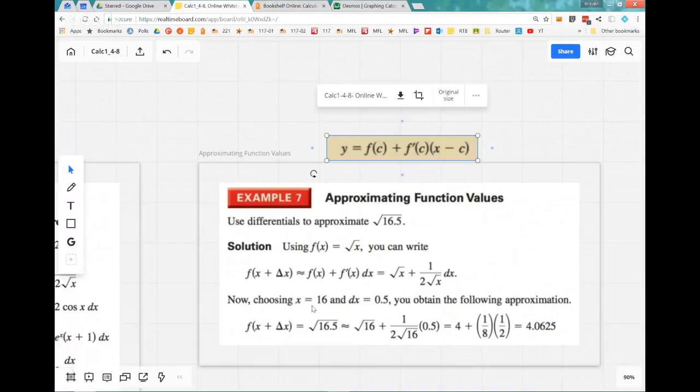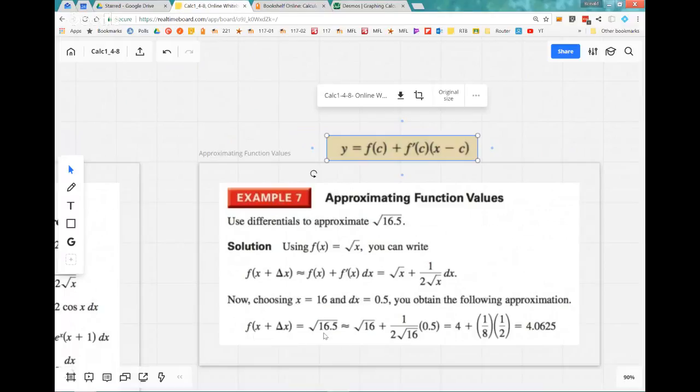We're going to choose x to be 16 because it's close by 16.5 and it's nice and we know what the square root of that is. And dx is the difference between where we are and where we need to be. 16, dx is 0.5. Okay, so here's how you can do the approximation.